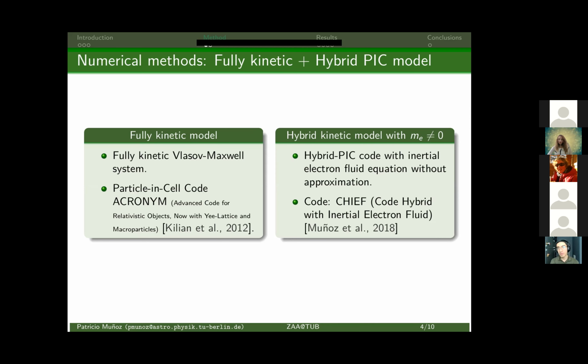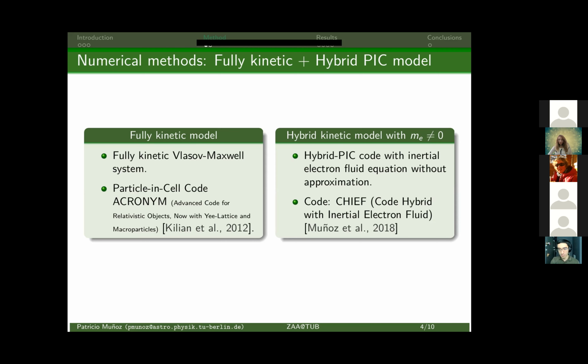This is really important to assess the electron kinetic effects. This code contains the whole ion kinetic effects because ions are considered as particles, but also all the electron fluid effects. So the combination of those two codes is ideal to assess the importance of possible kinetic electron instabilities on any acceleration process.